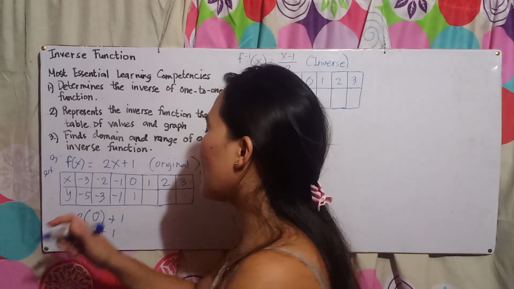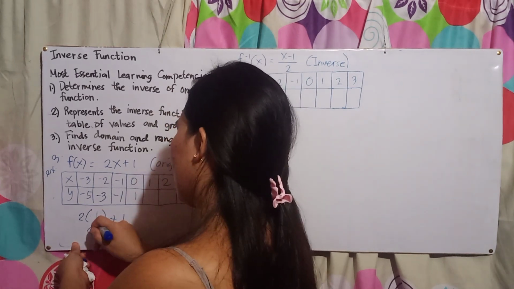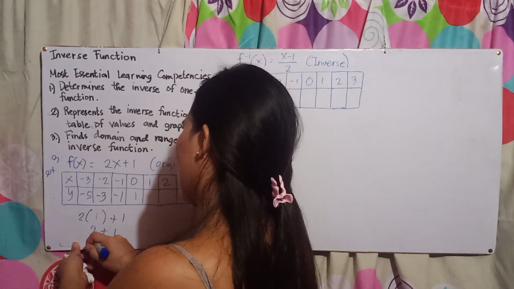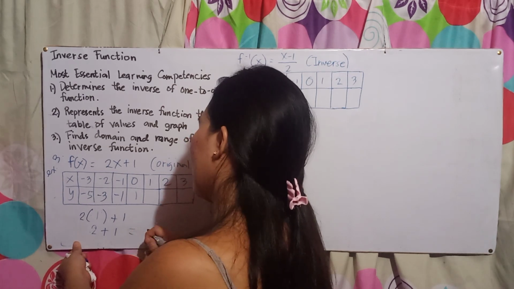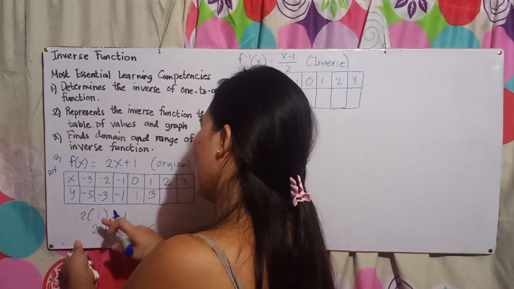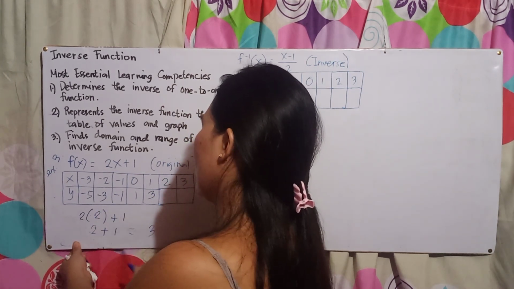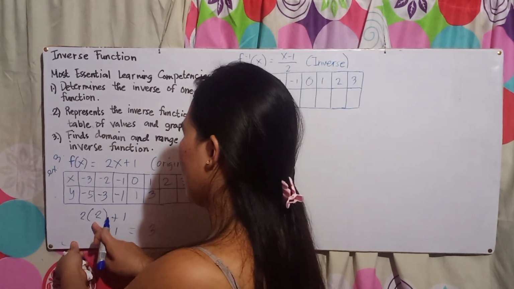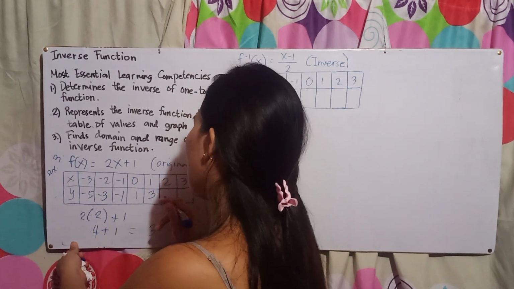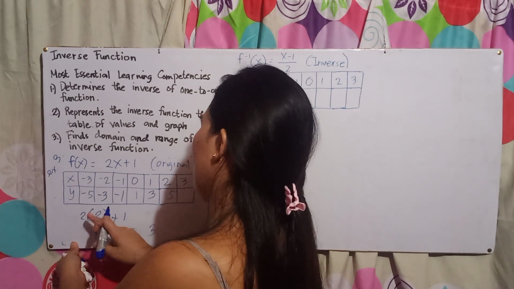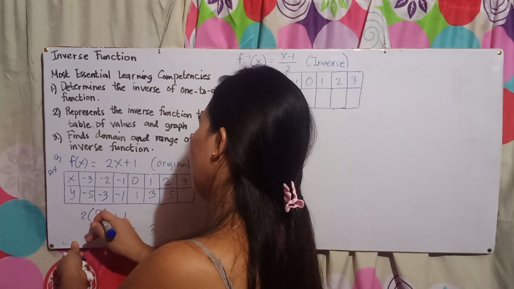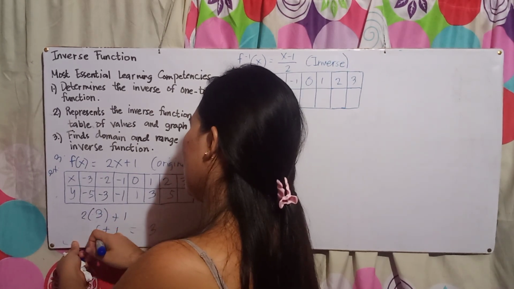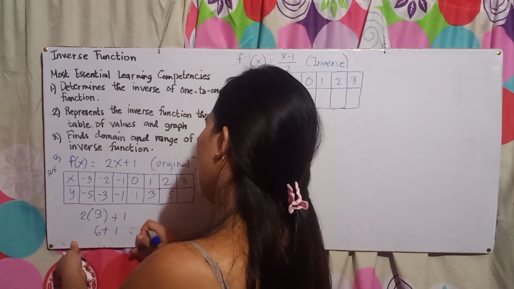If x is positive 1, 2 plus 1 equals 3. If x is positive 2, 4 plus 1 equals 5. If x is positive 3, it becomes 6 plus 1 equals 7.